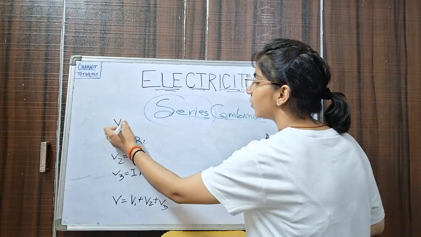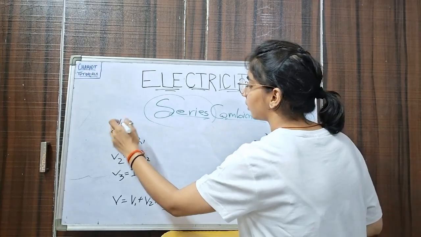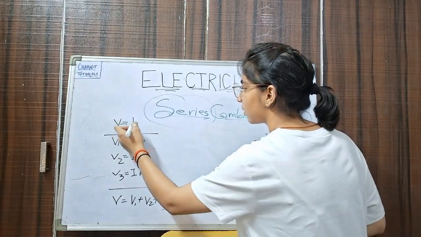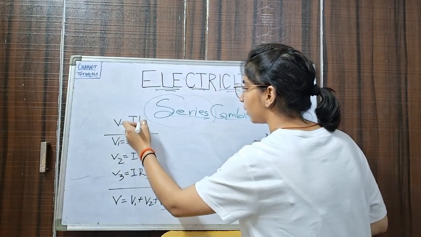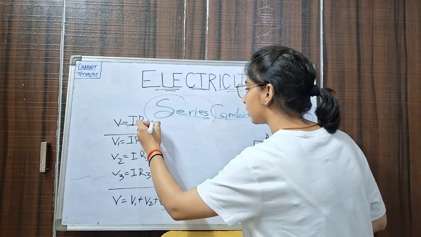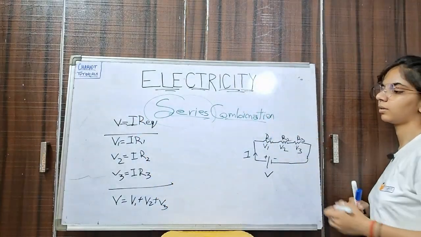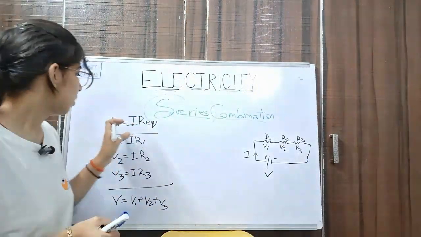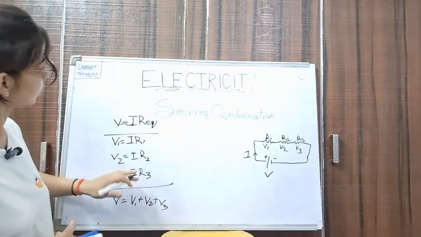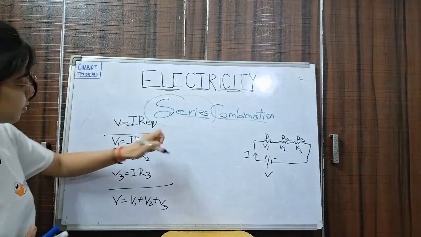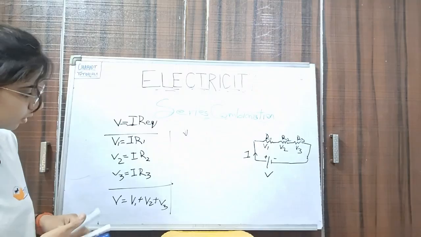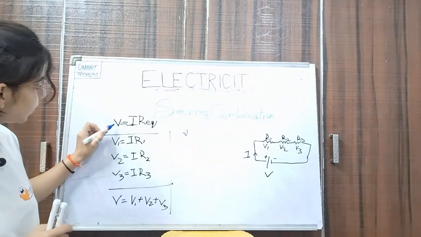We have also concluded that for the whole resistance, when we applied Ohm's law, we got V is equal to I R equivalent. R equivalent is the equivalent resistance that we have supposed for the whole circuit. Now, if we substitute the values in this equation from all these equations, I am putting the value of V as V1 plus V2 plus V3.